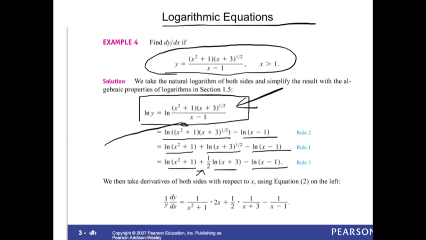Now, look at what we have. We have the derivative we have to take of ln of x squared plus 1 plus 1/2 ln of x plus 3 minus ln of x minus 1.